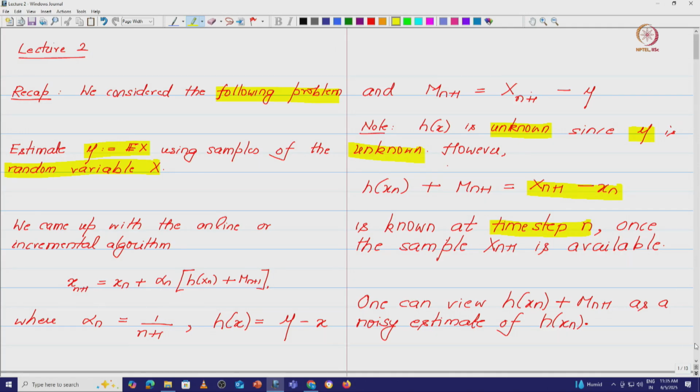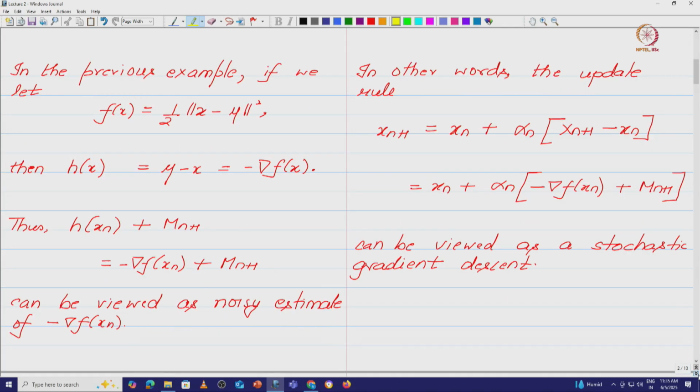So now let's see if we can come up with a better interpretation of what this algorithm is trying to do. Let us define a function f given by f(x) equals half of the norm of (x minus mu) the whole squared.